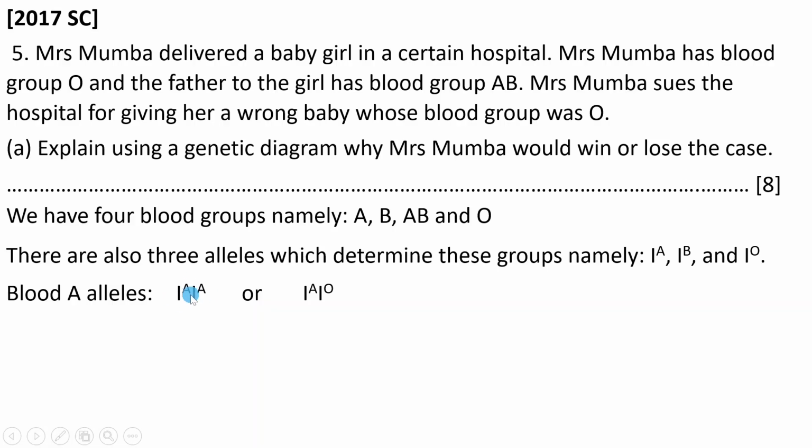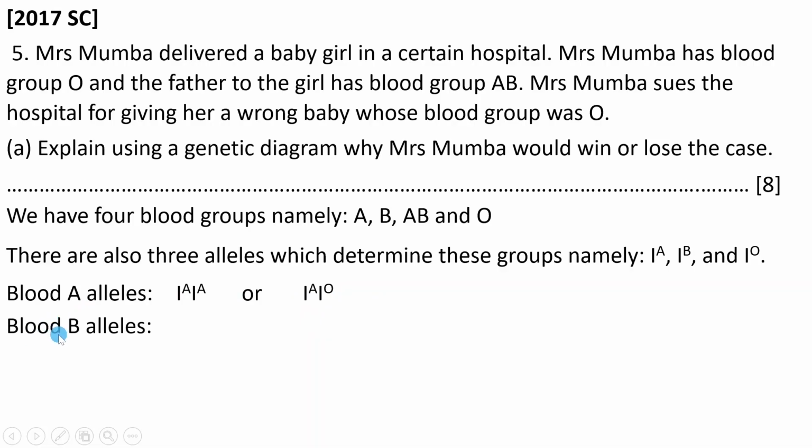Here we have same type of alleles, homozygous. So these are the ones that will determine blood group A.